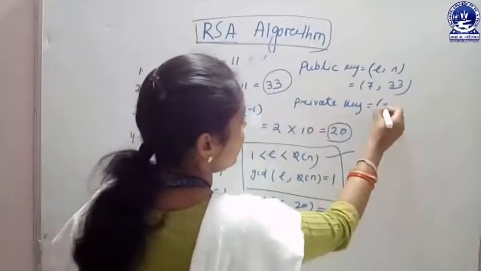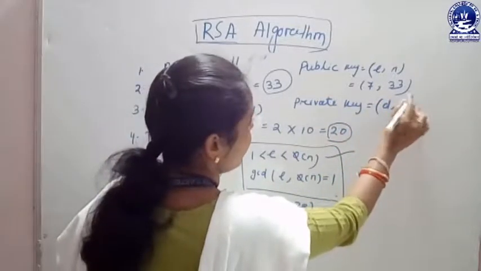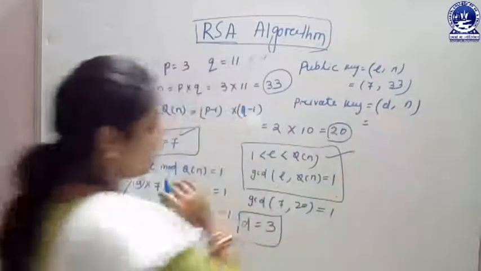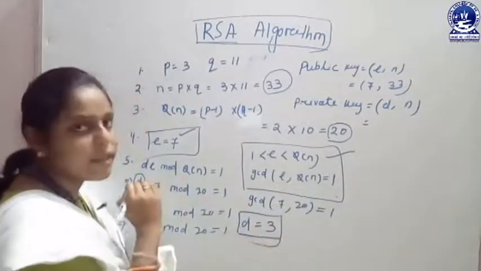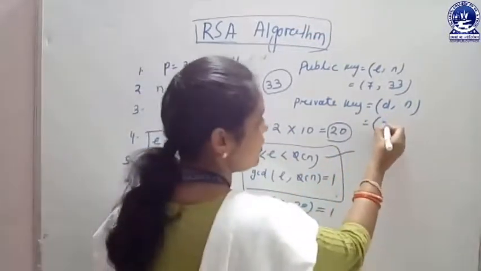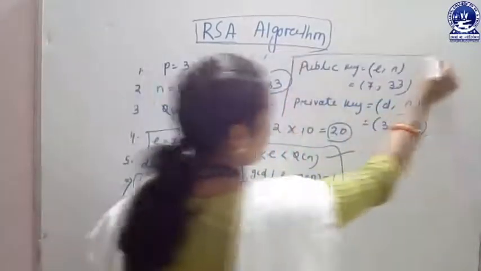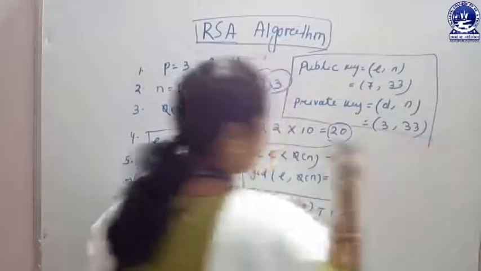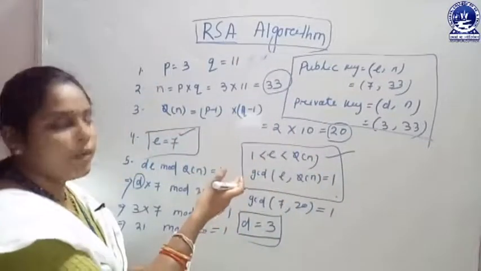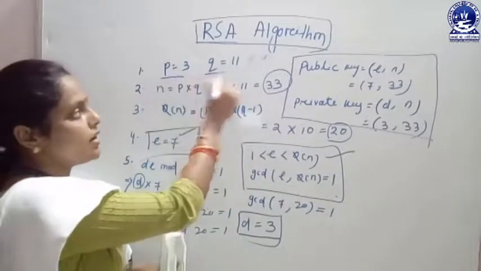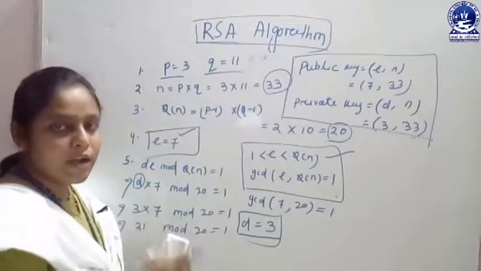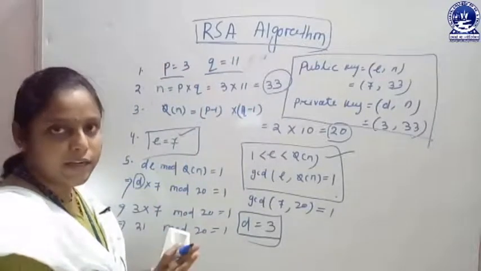Private key is d comma n. Now look at here, d value is 3. That means here 3, 33. Now this is our key pair for the RSA algorithm where p value is 3 and q value is 11. Now our key pair is generated.